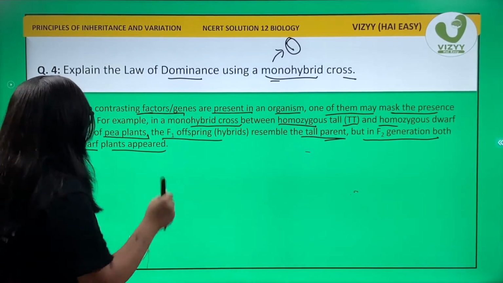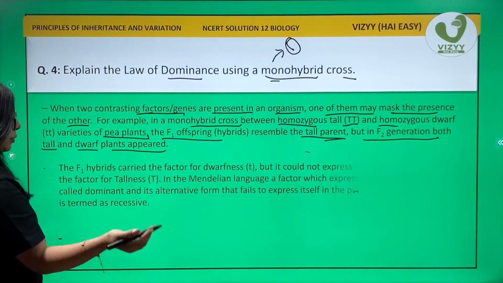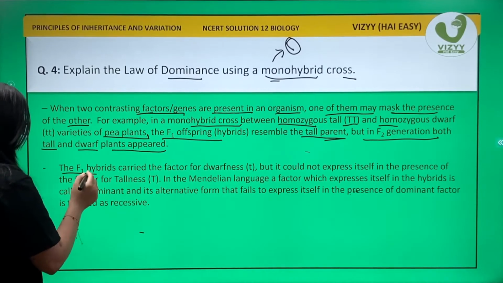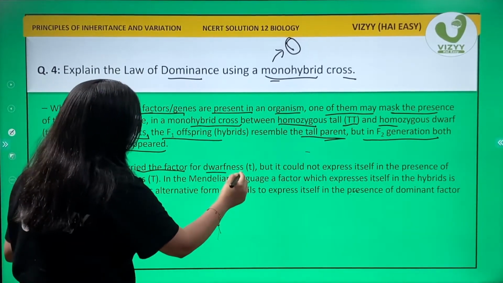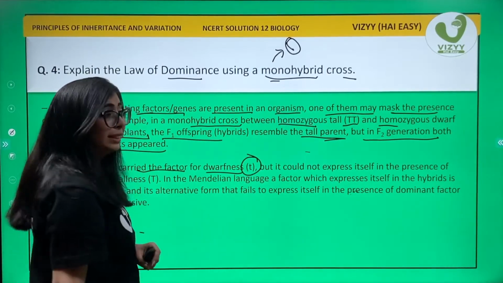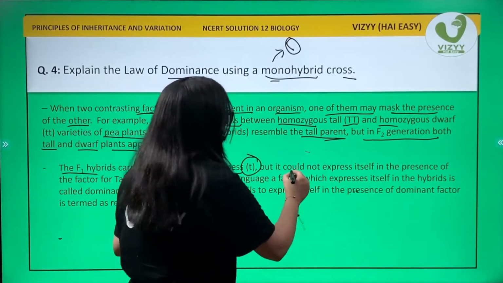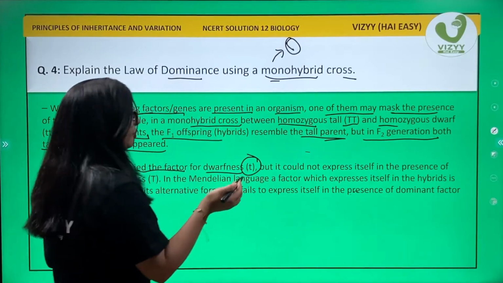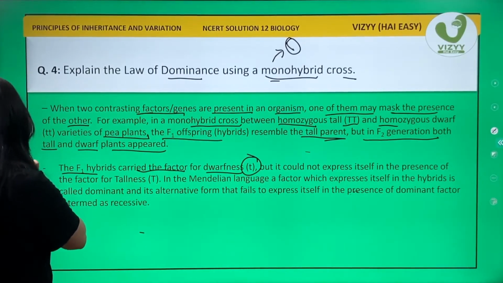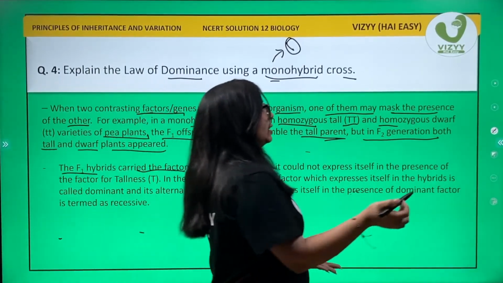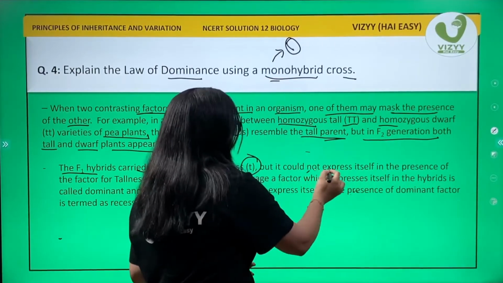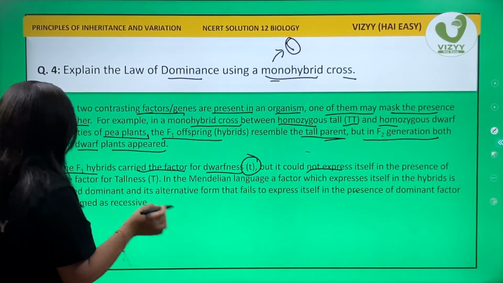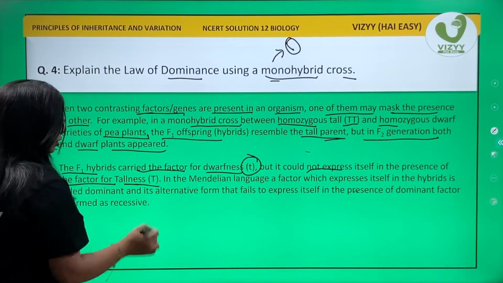What we need to say here is that the F1 hybrids carry the factor for dwarfness, that is small t, but it could not express itself in the presence of the dominant gene, the factor of tallness.